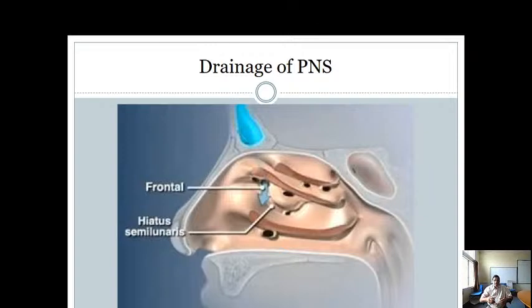This is the basic structure of the respiratory system, and the nose and the paranasal sinuses form the upper respiratory tract.